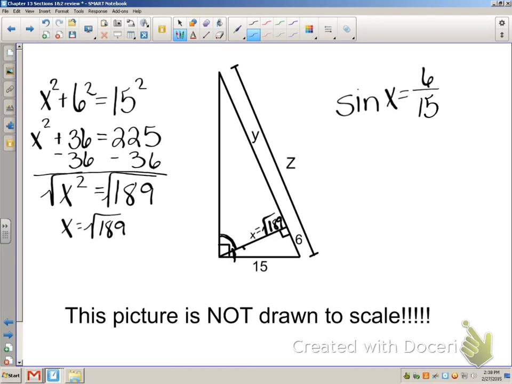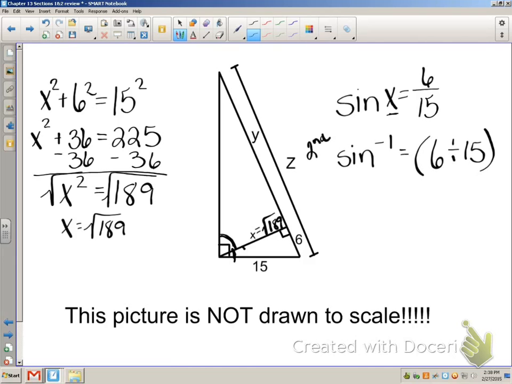In order to find my angle here, I'm going to use the inverse sine function. So I hit the second button on the calculator and then hit sine. It shows up as sine -1, and then you just type in 6 divided by 15.